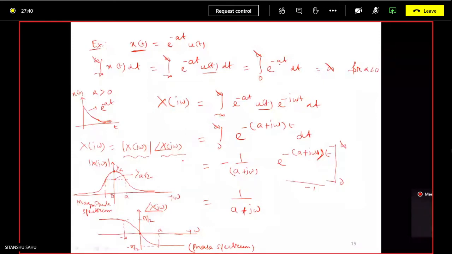According to the nature of the signal, we discussed that the Fourier representation could be of 4 types: discrete time Fourier series, continuous time Fourier series, discrete time Fourier transform, and continuous time Fourier transform. In continuous time Fourier transform, generally you just call it the Fourier transform, and the continuous time Fourier series we call the Fourier series itself.